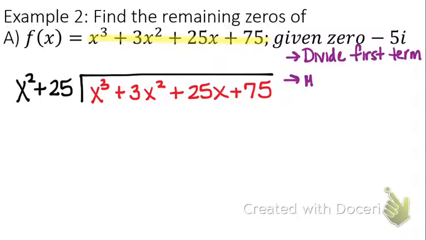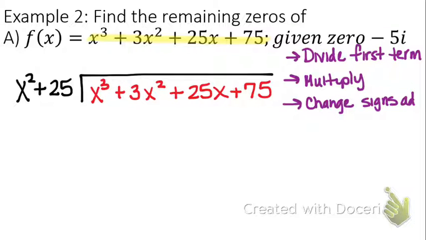And then you're going to take your answer and multiply that, and then change signs and add. Change signs, add. That's just my abbreviated steps. Change signs. Then add. Okay, so that's my very, very abbreviated steps.